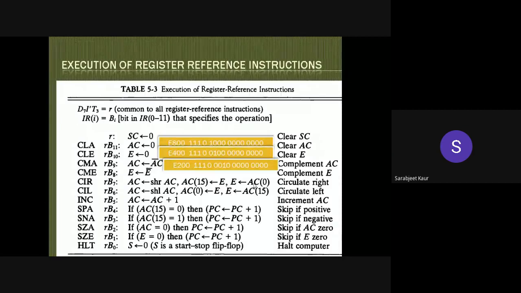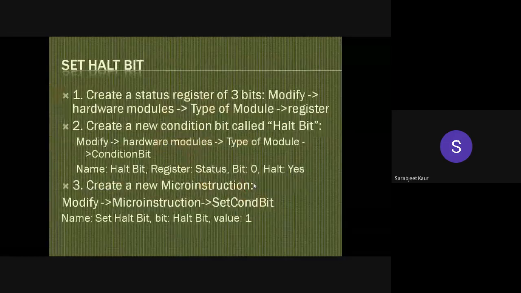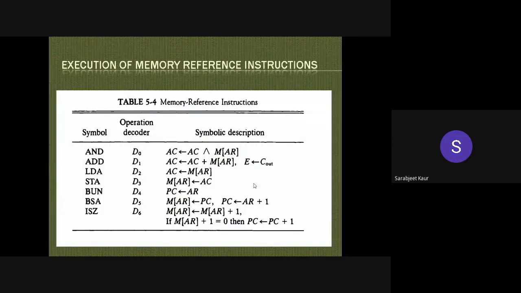Then there were some queries about setting up the halt bit, so I'll take you through that, and I'll also illustrate that on the CPUSim. But first, let us start with the execution of memory reference instructions.